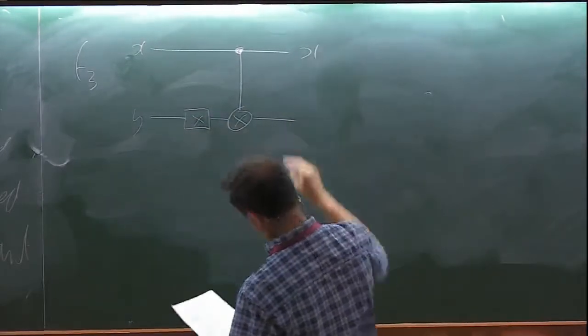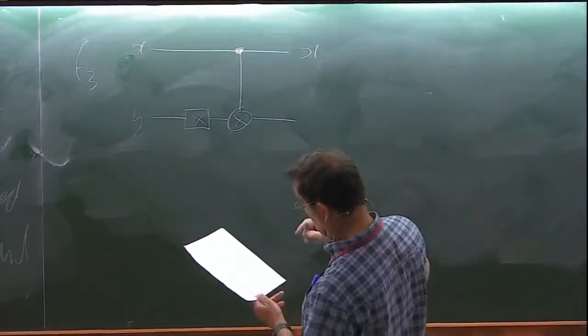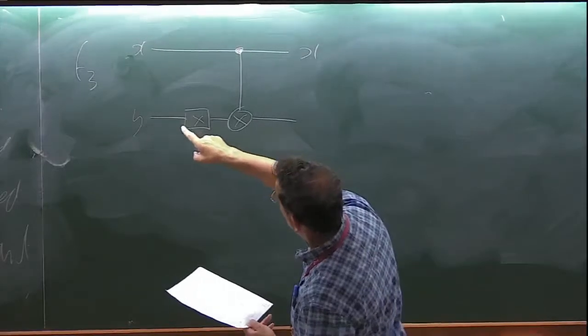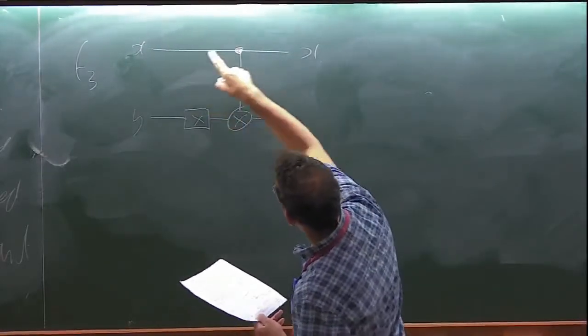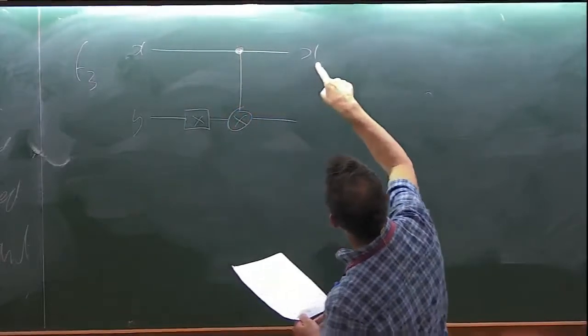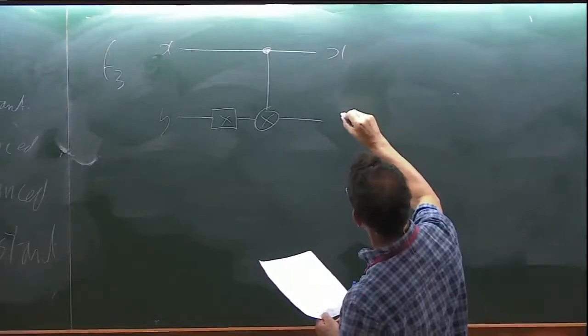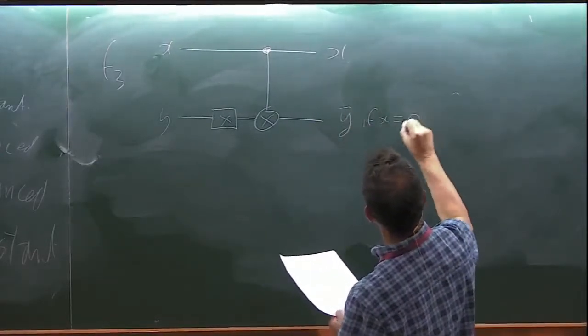So x stays the same. Now, supposing x equals 0, then y flips because of this X gate. It doesn't flip with the control NOT because the control qubit is 0, so you get the complement if x is equal to 0.